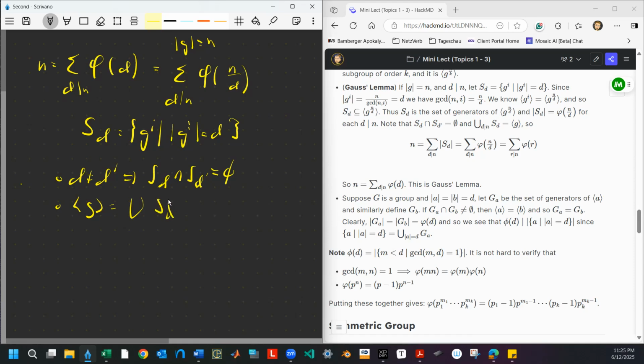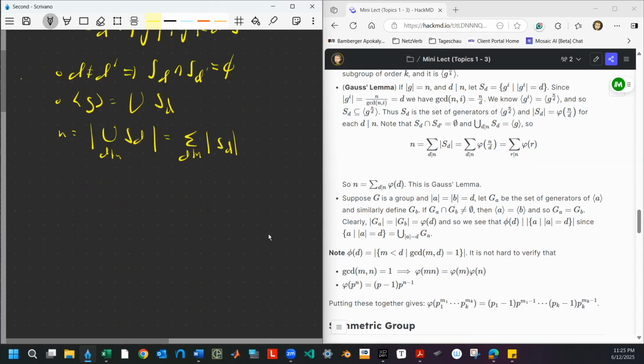So in particular, we get that n equals the size of the union of the S_d, d dividing n. And because these are disjoint, this is equal to the summation over d dividing n of the size of S_d. Then we'll show that the size of S_d is equal to phi of n over d.